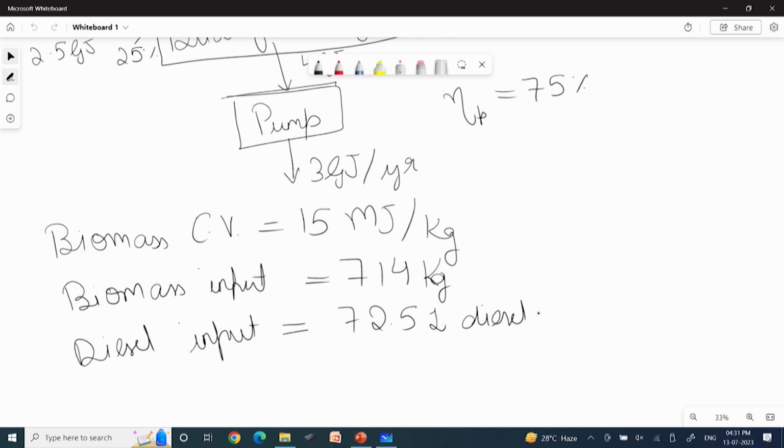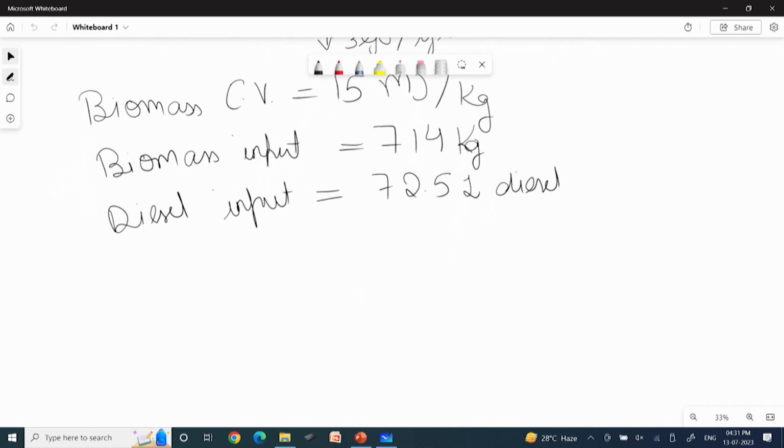So if I were to assume the capex in this case, the capex of a typical system like this would be roughly rupees 48,000 or so.